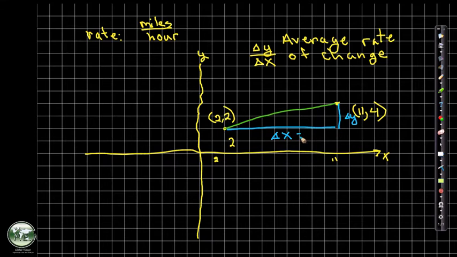So the change of x was 9, in the positive direction. The change in y is 1, 2. So would it be appropriate to say that our average rate of change, the change of y over the change of x, is going to be 2 over 9?